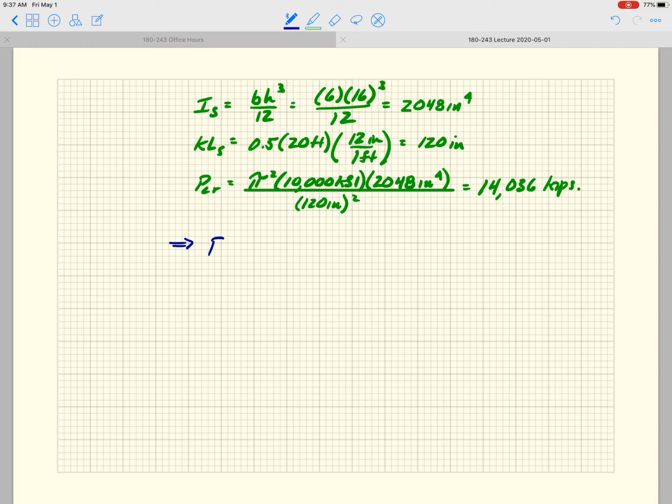So the solution to this is that P critical actually equals P critical in the weak axis, which was 4,028 kips, and this is going to buckle in the weak axis.